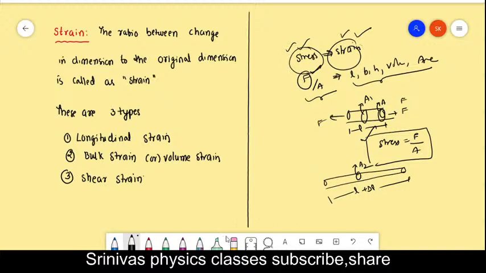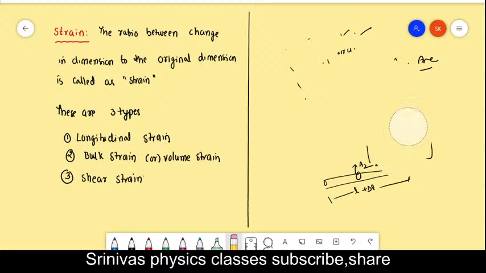Let us discuss all these types of strains. The first one is longitudinal strain. What is longitudinal strain and when will it occur? In longitudinal strain, what will change? I am going to explain, and you listen very carefully. If you have any query while teaching, write in the chat box.